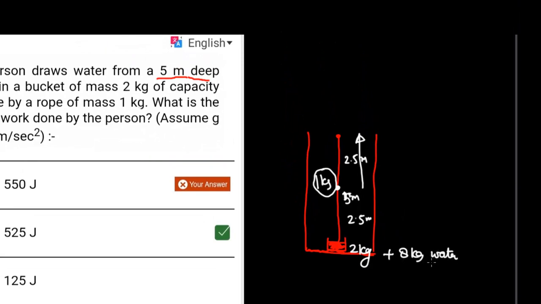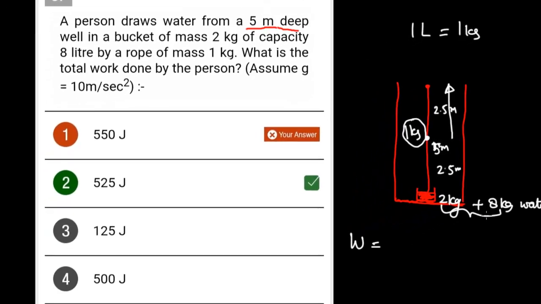How did I know that this is 8 kg water? Because this is 8 liter water, and 1 liter equals 1 kg in the case of water, because of its density.